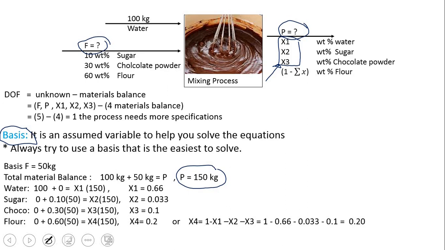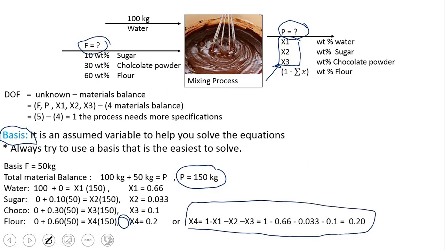And as you can see, x4 you can either solve the same way, or you can use the equation we have said, that the sum of the compositions is equal to 1. You can solve it either way and you will get the same value, which is 0.2 and 0.2.